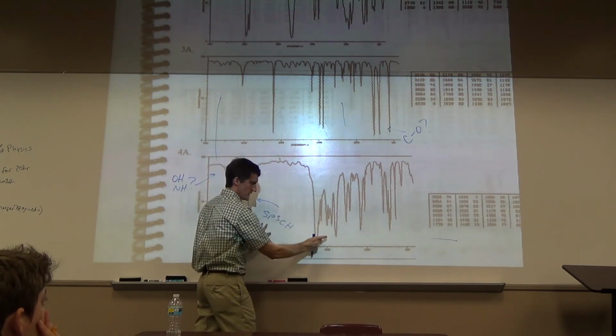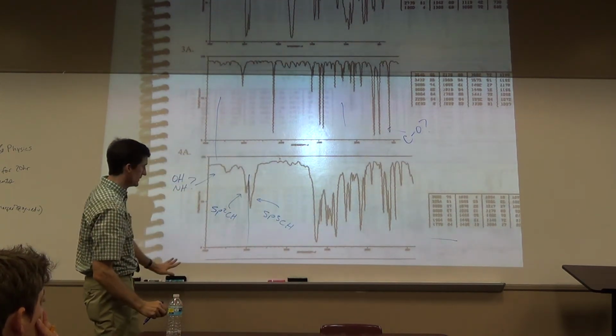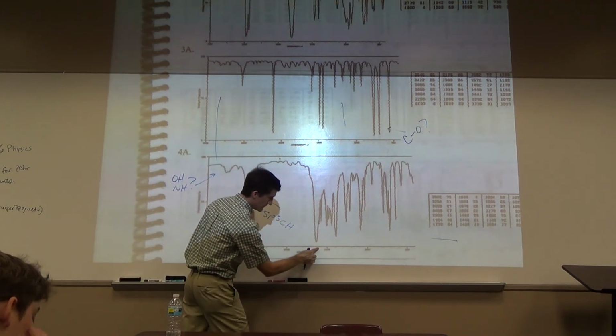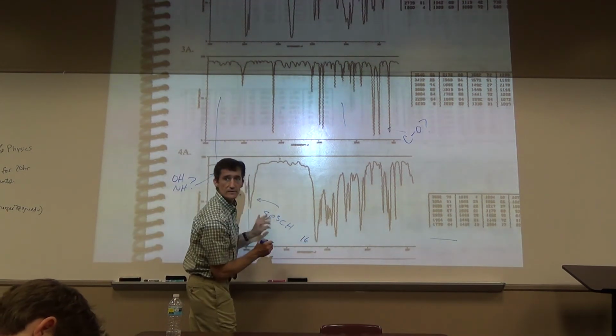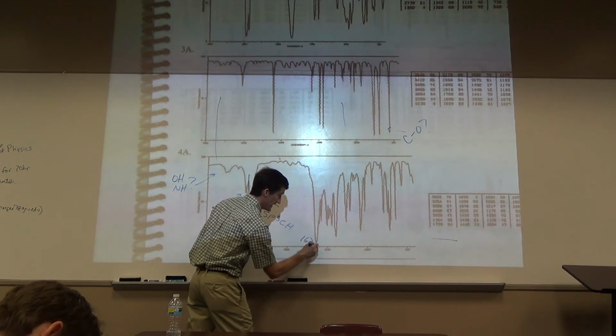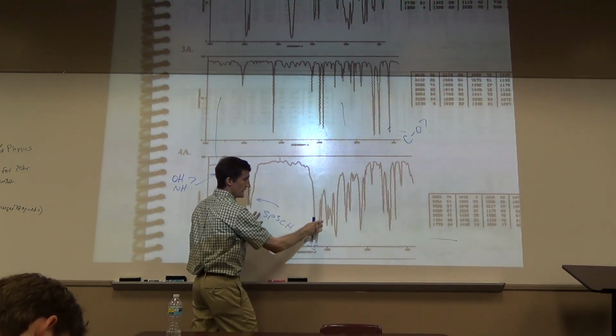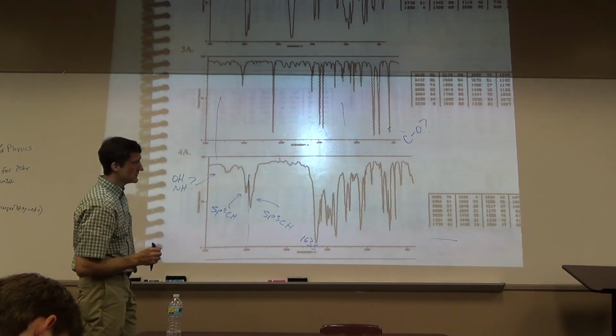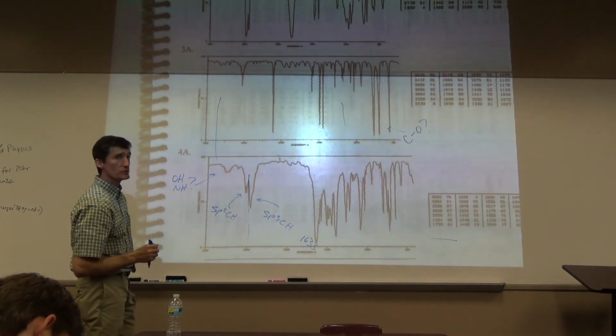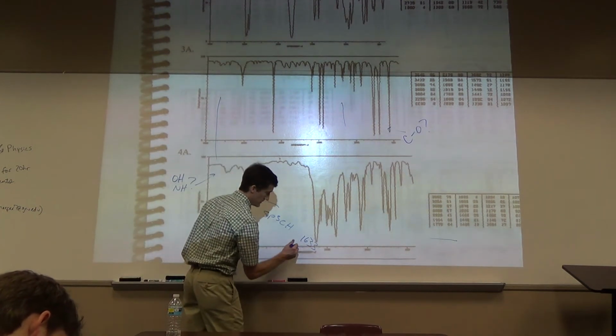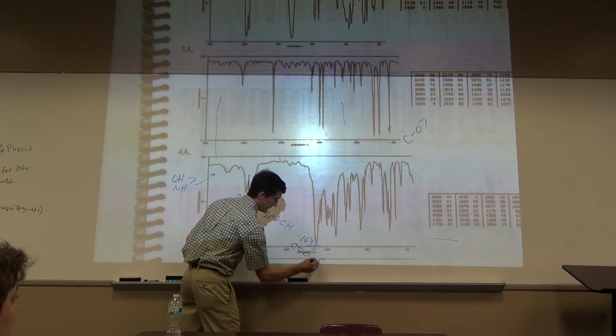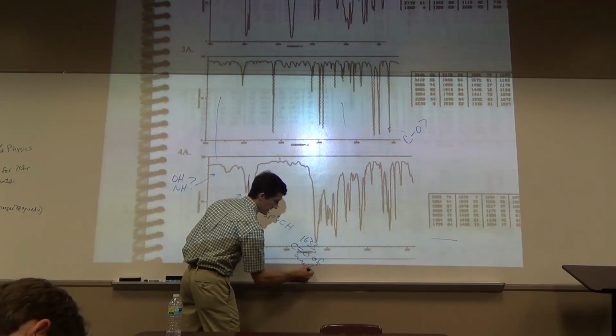Well, it's a little broad. What's the peak position? 1620, 1633. Could that be a carbonyl? Yeah, broad like that, and it's low. It's an amide, so that suggests a CO of an amide.